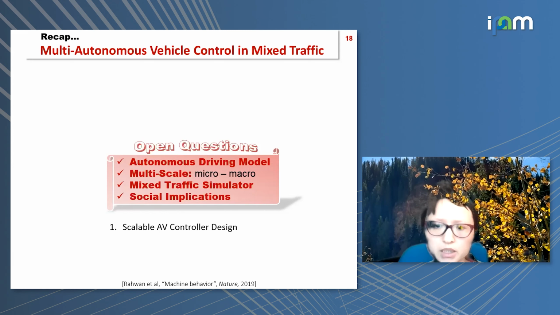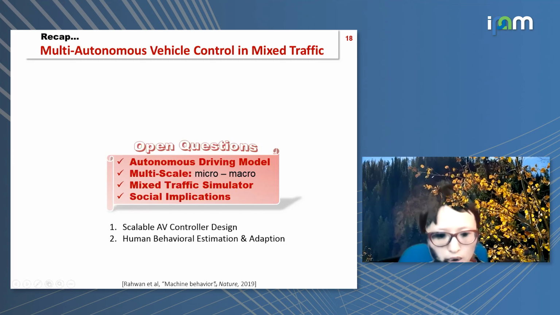I think many speakers also mentioned legal issues, bias, or fairness issues, and there are some other issues. I suggest you check out the paper Machine Behaviour in Nature. They talk about how human behavior may adapt to the presence of more and more machines around humans, and also how we actually model this interaction.